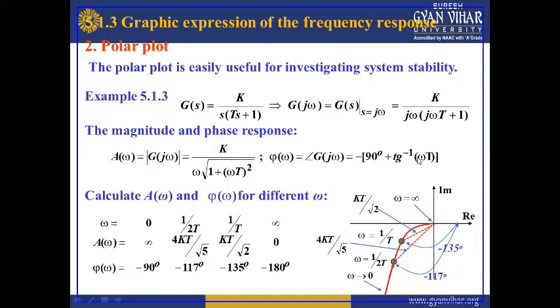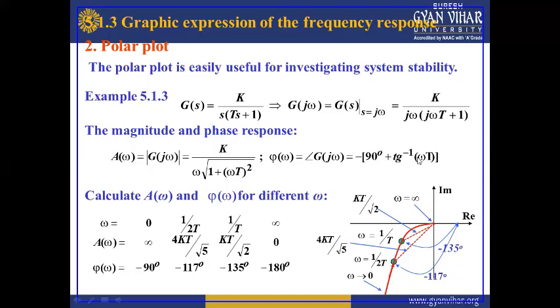Now, with different values of omega, we will calculate the different values of magnitude and phase. When I substitute omega equal to 0, I get infinite magnitude and the angle is minus 90 degrees.